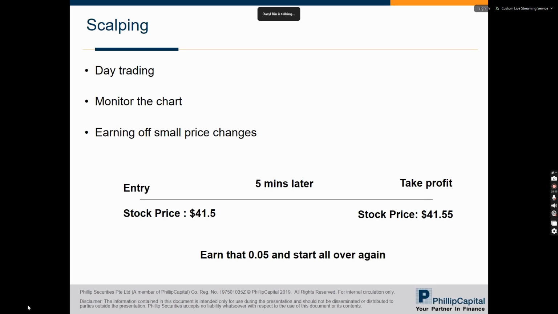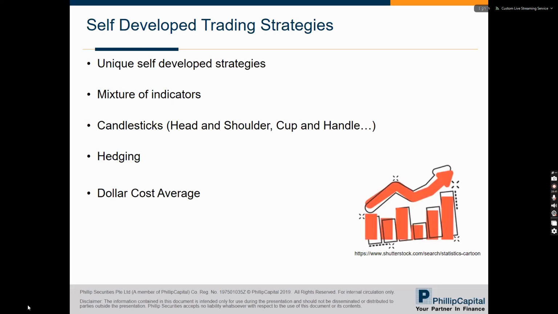In order for you to scalp, you must be good at your technical analysis. Also, some CFD traders have developed their own unique strategy, and it is based on your type of strategy. It can be a mixture of indicators. They will monitor the stock closely, and then they'll look for indicators like candlesticks, for example, whether the pattern shows a head and shoulders, or cup and handle.